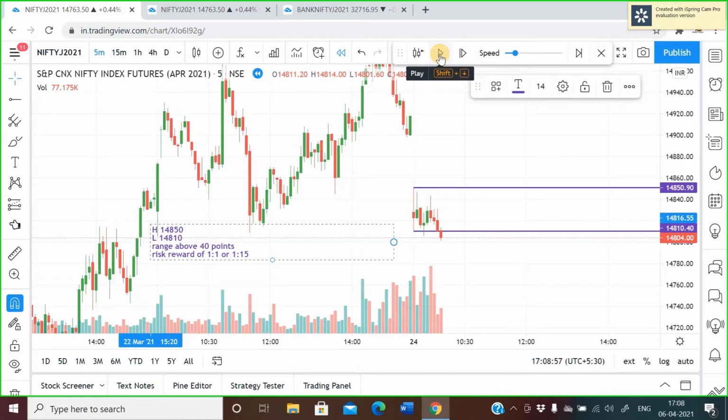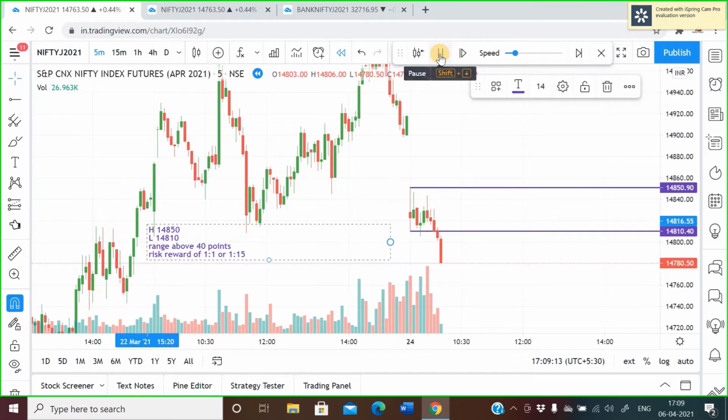So now, as I said, we will be looking for a short opportunity in the subsequent candles. Let's see what should be our entry, what should be our stop loss and what should be our exit. I will be looking for an entry on the opening of the next candle. Let's see where the candle opens. I'm just pausing it for you.